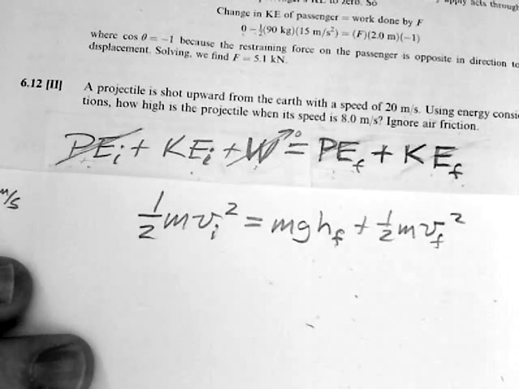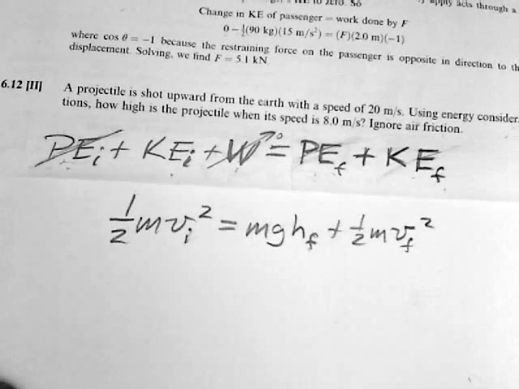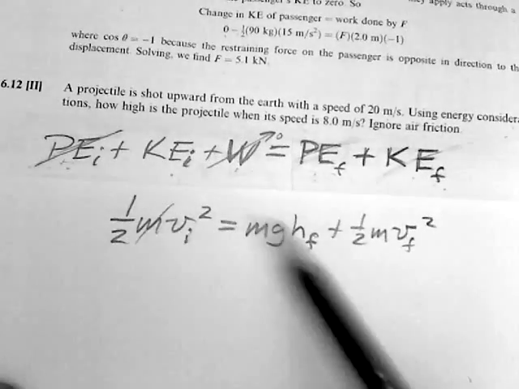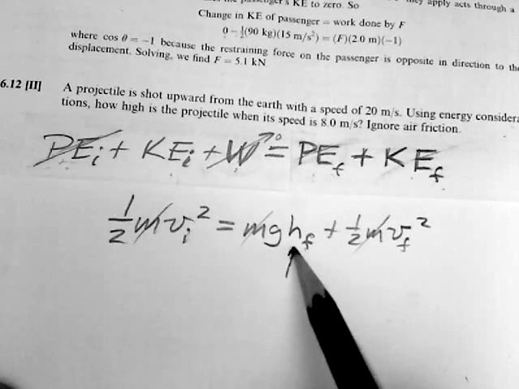You'll notice that in the problem, they don't tell you what the mass of the projectile is. And that probably means that it's going to cancel out, and that's exactly what happens. Dividing all terms by m, you see that you can solve for the h.